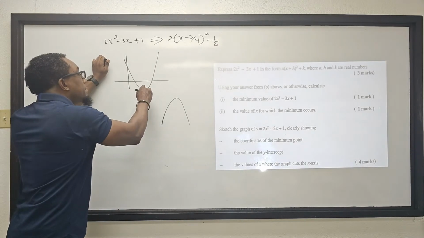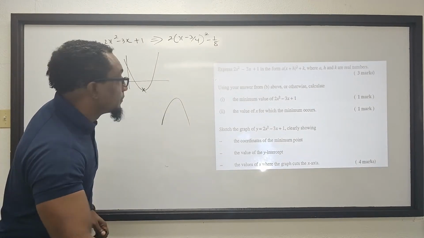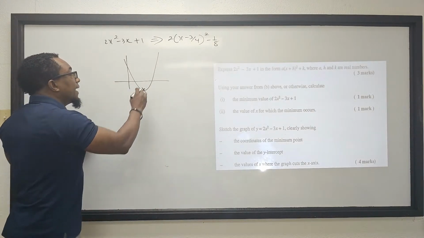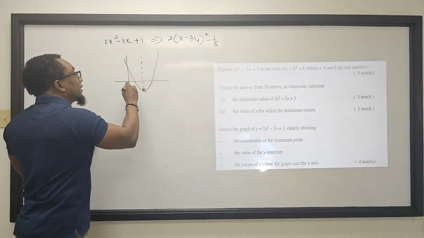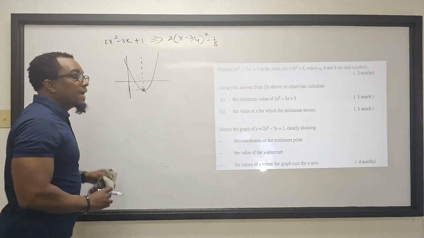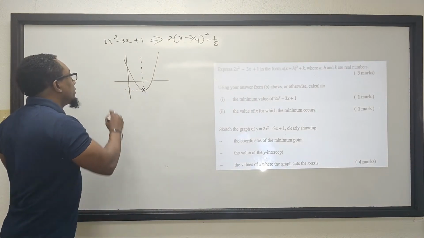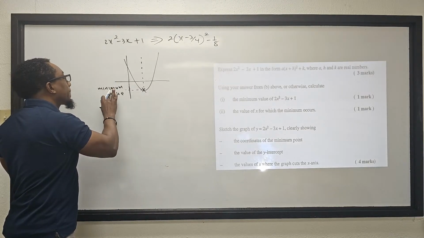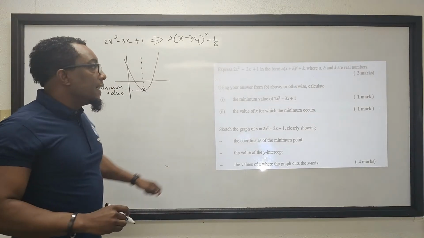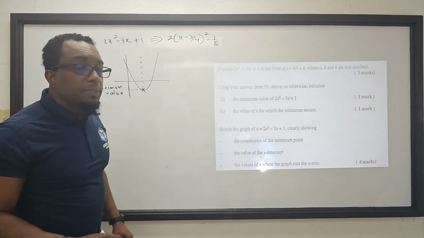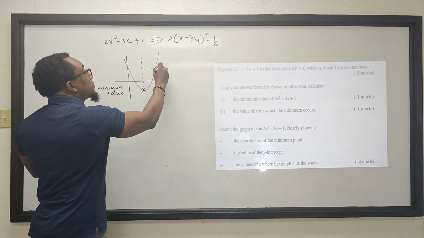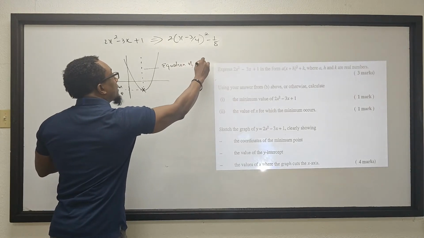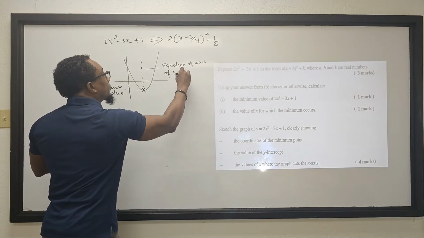So we will have a minimum turning point, and this minimum turning point will have an x coordinate and a corresponding y coordinate. The y coordinate we call the minimum value, and the x coordinate will be the value of x for which the minimum occurs, otherwise known as the equation of the axis of symmetry.